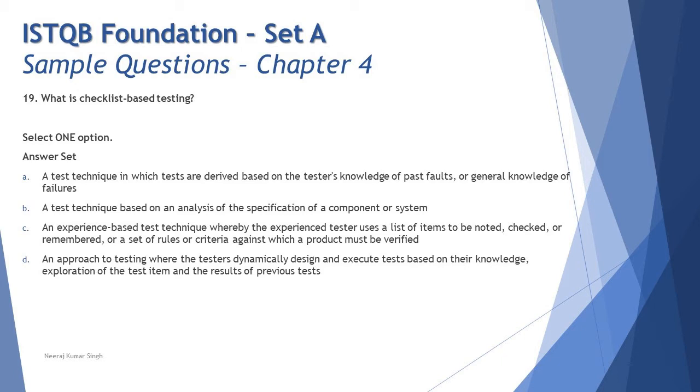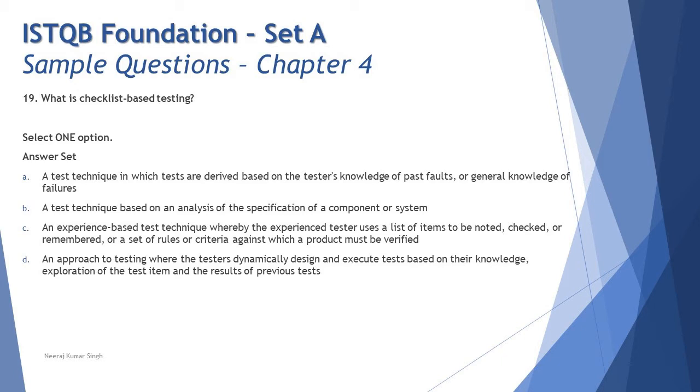Now let's hold on here and look at these options. Option A is telling you that this is a technique where the tests are derived based on the tester's knowledge of past faults or general knowledge of failures. General knowledge of failures is another common option, and having knowledge about typical defects is something we generally use as part of experience-based techniques.